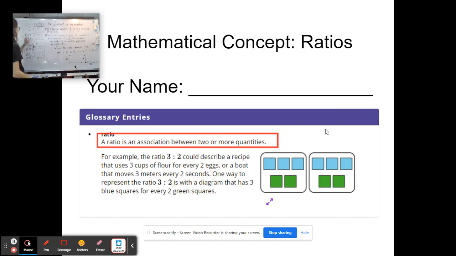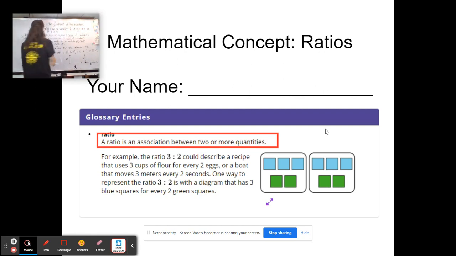And with these images, it might help you to see where ratios become helpful in our world, because instead of having to think about 6 to 9 or 12 to 18, we can also think about 2 to 3, 4 to 6, and any other combination of those ratios.